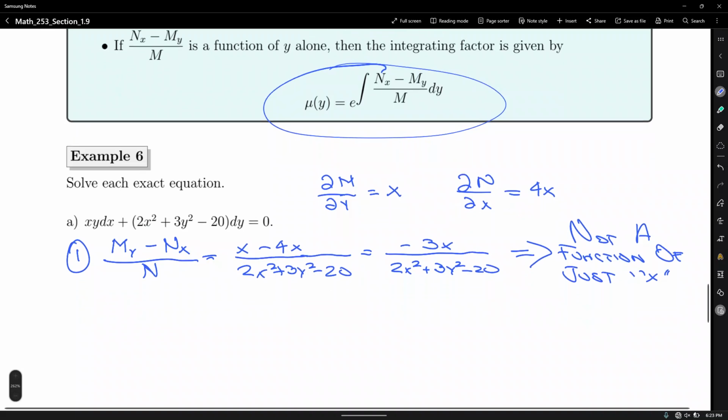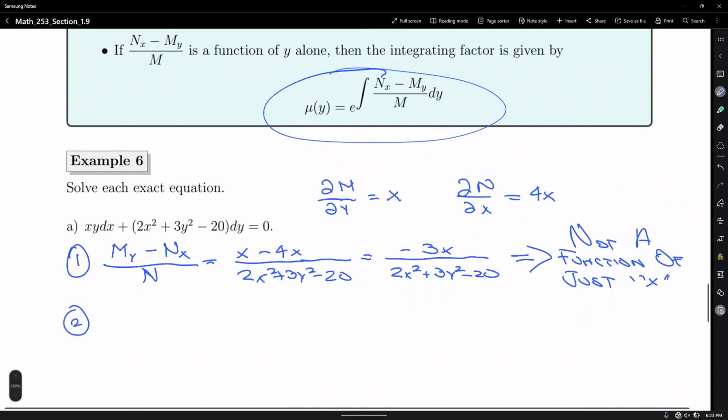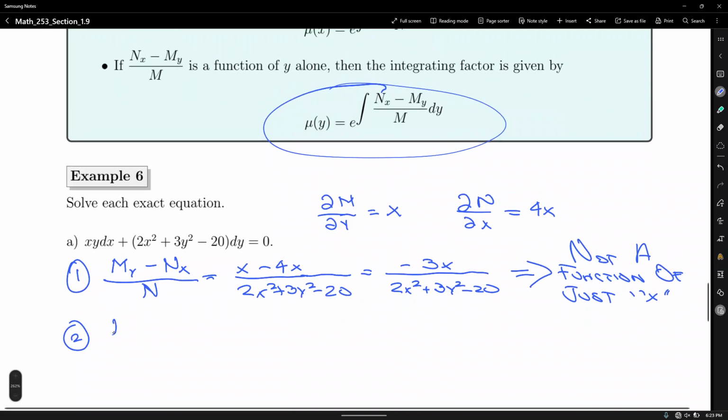How about number two? Instead, let's compute n with respect to x minus m with respect to y, hopefully everything divided by m this time. Careful.